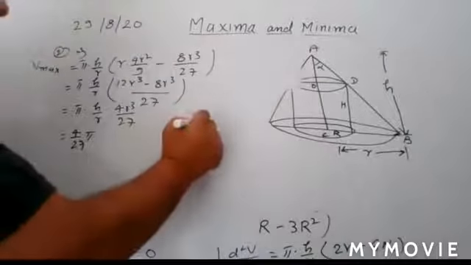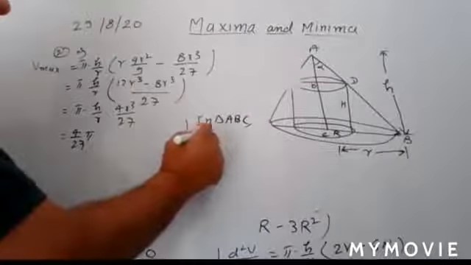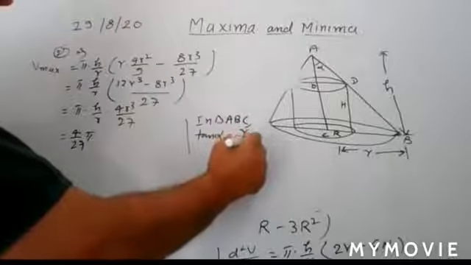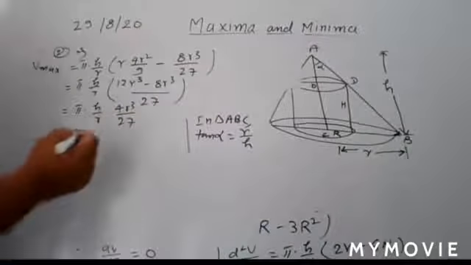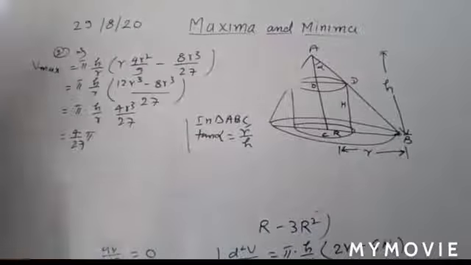So your required result has tan square alpha.